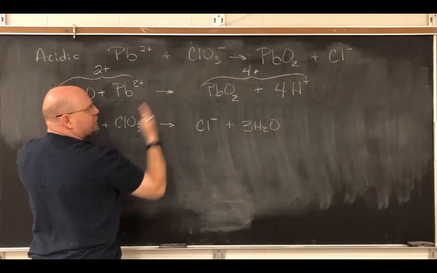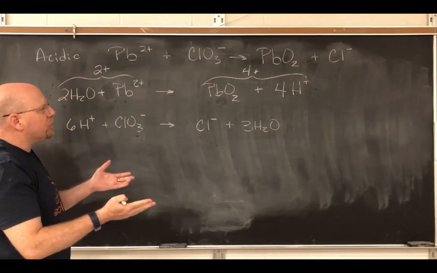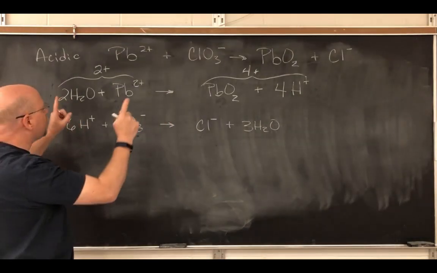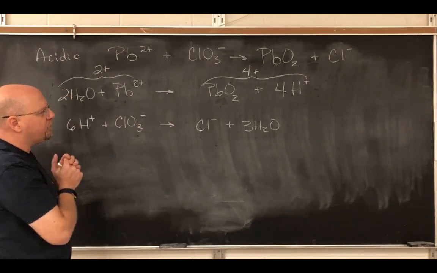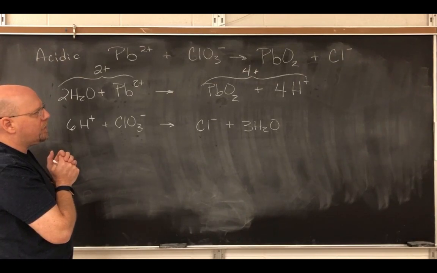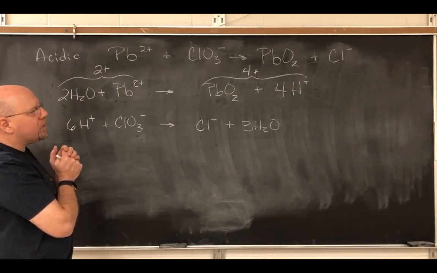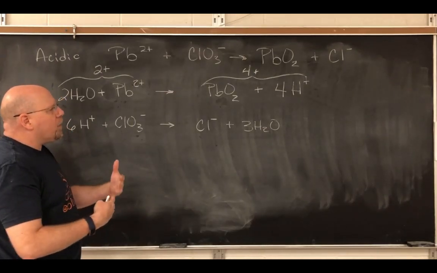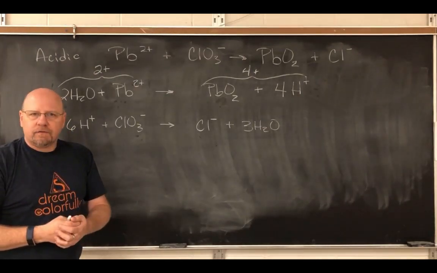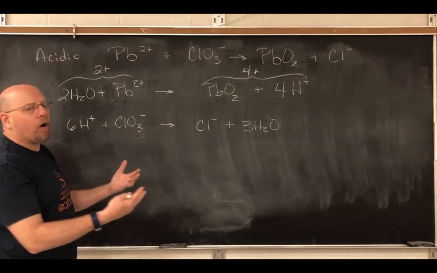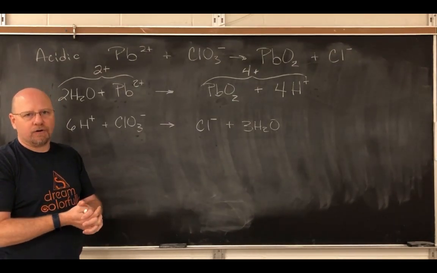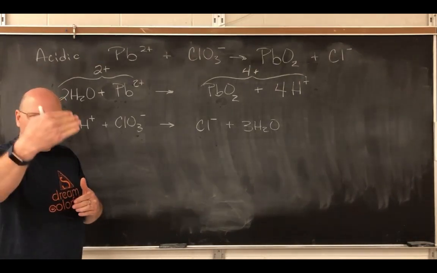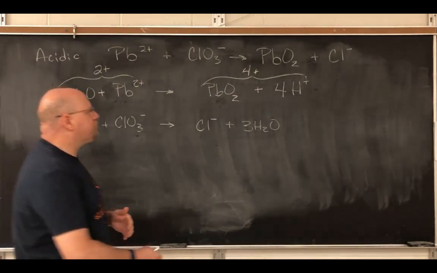We have an imbalance. And as I mentioned earlier, we need to make sure that the total charge on both sides is equal. And in this case, our next step is to add electrons to the side that has the more positive charge total, because by adding electrons, which are negative, that will lower that charge.